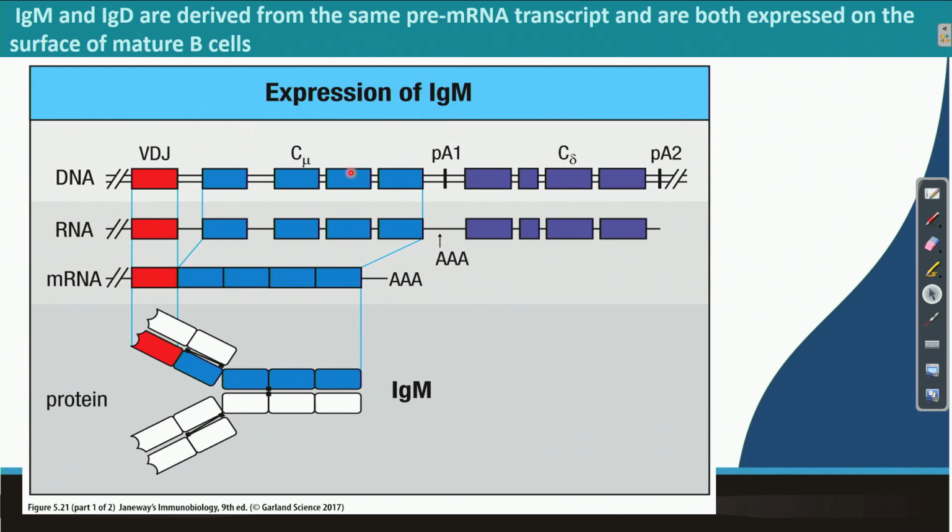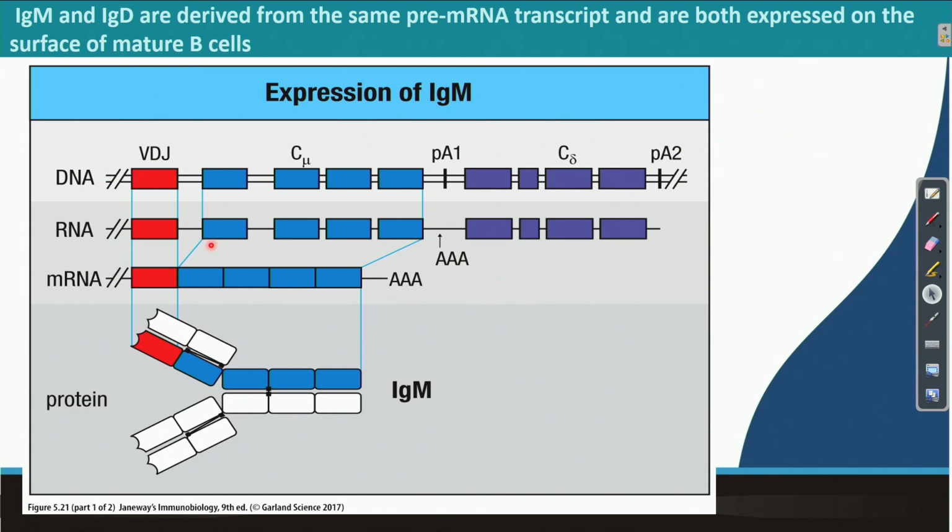Now, what happens during expression? First you need to have transcription. When it is transcribed, it transcribes the whole thing. So, VDJ, C mu and C delta are transcribed together. This is the whole transcript, VDJ is common, then C mu and C delta.